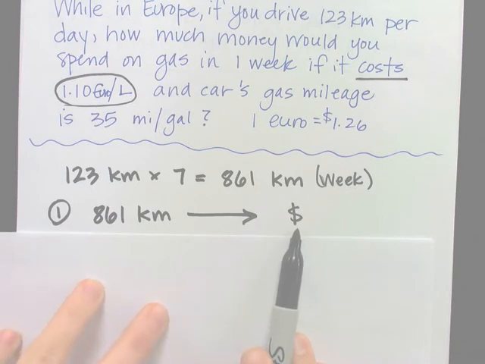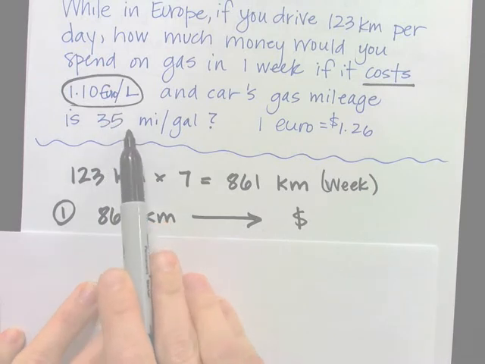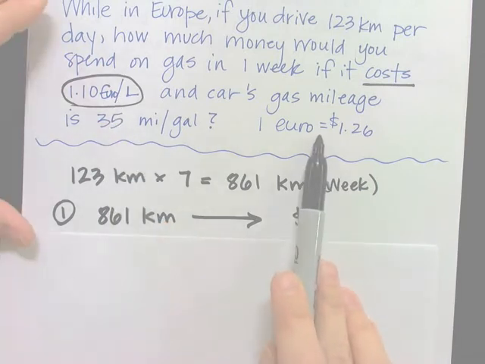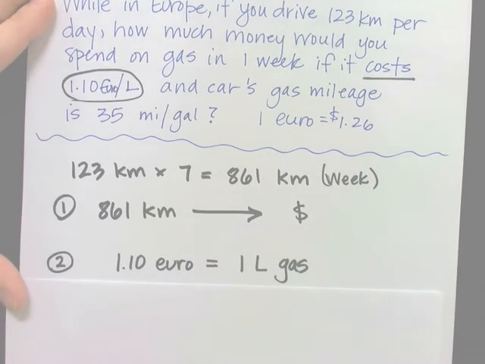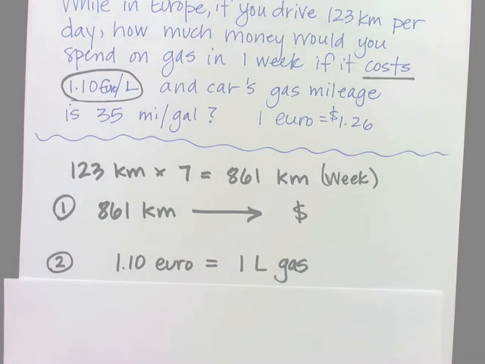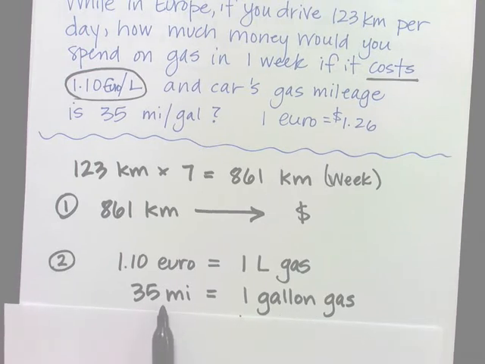and what I'm trying to find is how much that's going to cost me. The rest of the information given in the problem, this piece of information, this piece of information, this piece of information, these are all equalities that the problem is giving me. Relationships that I'm going to use as conversion factors. So one of them is a liter of gas costs 1.10 euro. 1 gallon of gas is what you would use up in traveling 35 miles.